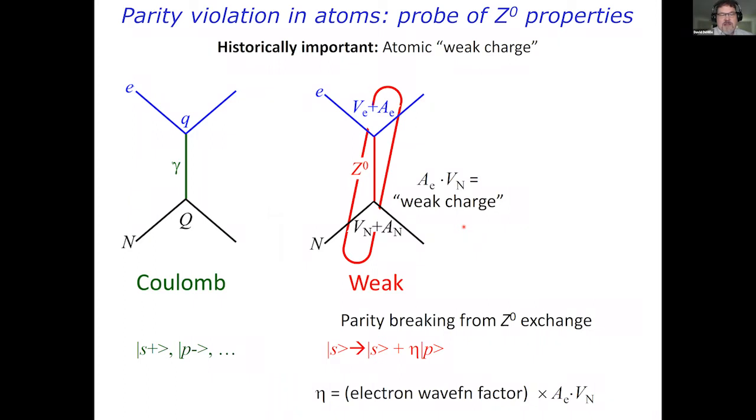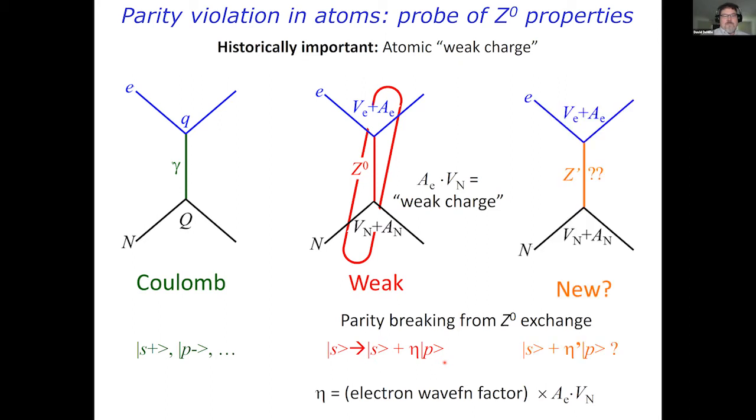And this mixing coefficient, determined by parity violation, is equal to this coupling constant times some factor that can be calculated from electron wave functions. And typically in atoms, this can be calculated to a percent or better.